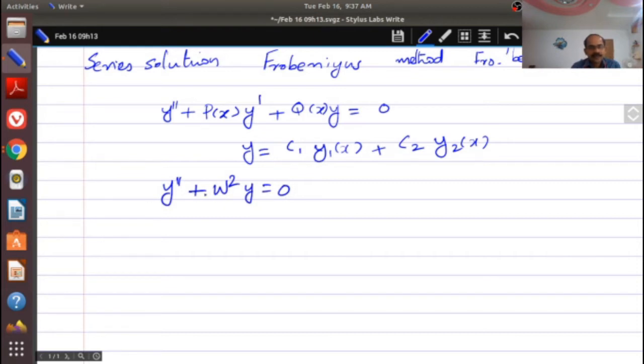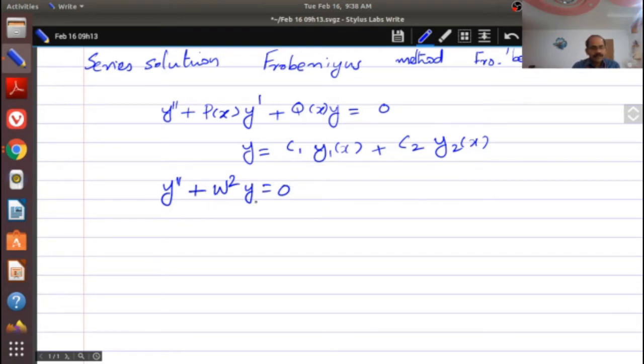This is the same equation we came across many times when we solved the Laplace equation or the Helmholtz equation in cylindrical polar and spherical polar coordinate systems, right? Because there we wrote y double dash is equal to minus omega squared y. So what is the solution? We already know it because it is simple harmonic motion: y1 is sine omega x and y2 is cos omega x.